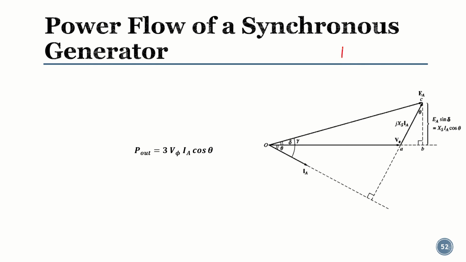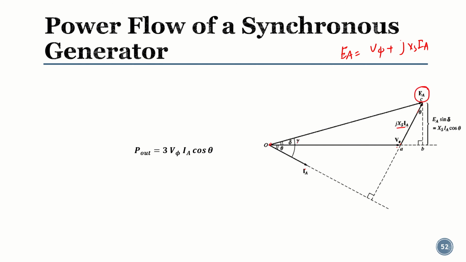If we ignore the resistance, then EA is V phase plus jXs times IA, for the inductive load. So this is V phase, this is IA. The resistive drop is ignored, so we will have only the drop jXs times IA, and if we start from here and go to here, that will be my EA.